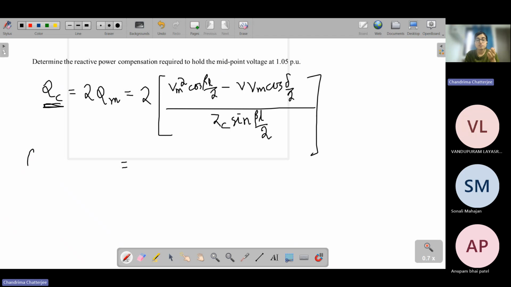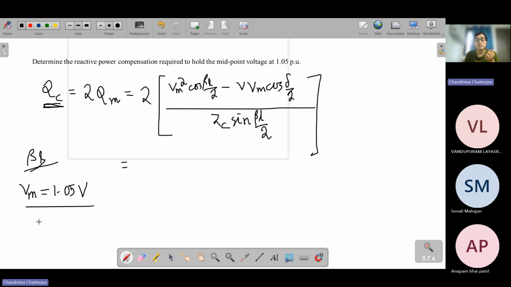Now, beta L by 2 you already know. Vm, we need to restrict it to 1.05 times V, right? So that is Vm.